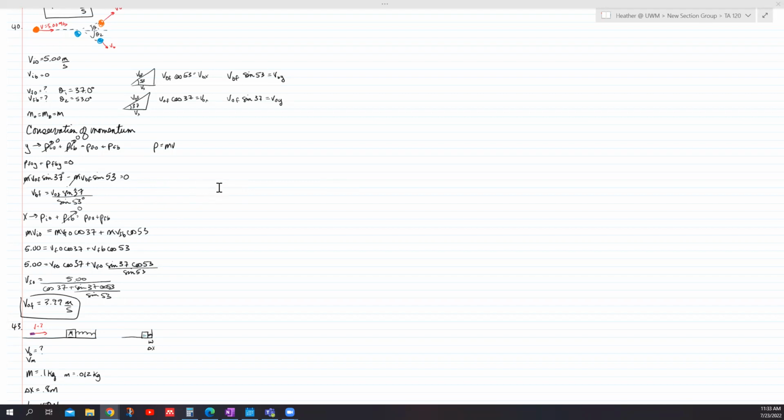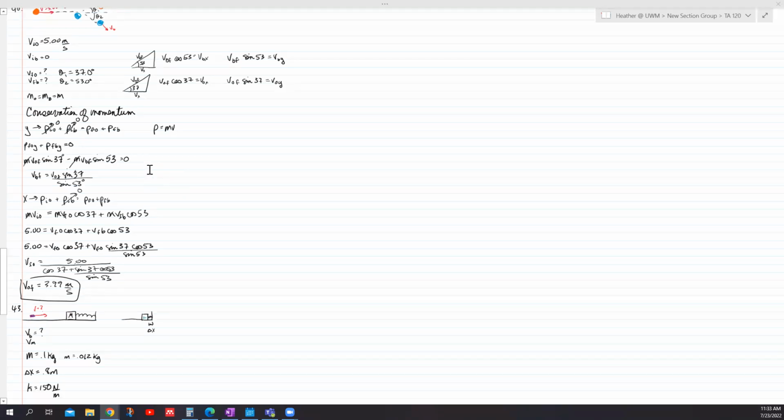Our initial p in y is going to be equal to 0. Blue's not moving, and the orange is moving along the x-axis. Also, we know P equals MV. So we end up with, this is a mouthful to say, the final momentum in the y direction of the orange equals the negative final momentum of the blue in the y coordinate.